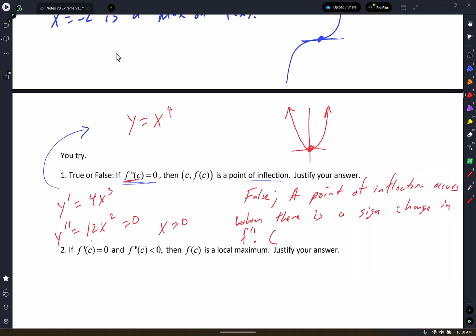That's a big deal. It's the same as saying f prime changes from increasing to decreasing and vice versa.